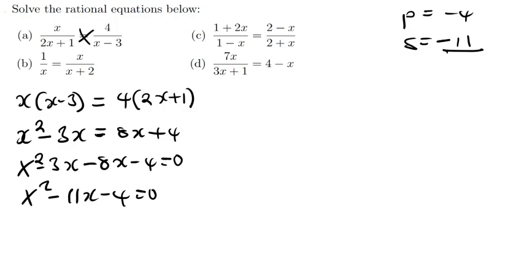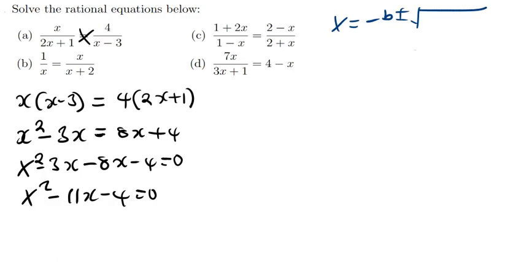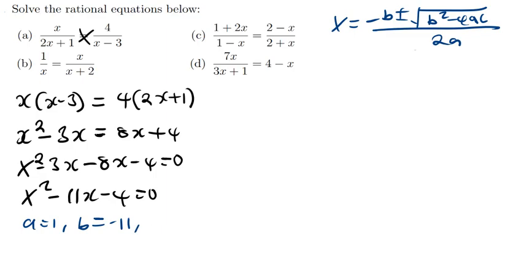No, it's not possible. So then I'm going to use the quadratic equation formula. How does it work? x is equal to negative b plus or minus the square root of b squared minus 4ac, you divide it by 2a. So a is 1, b is negative 11, c is negative 4.